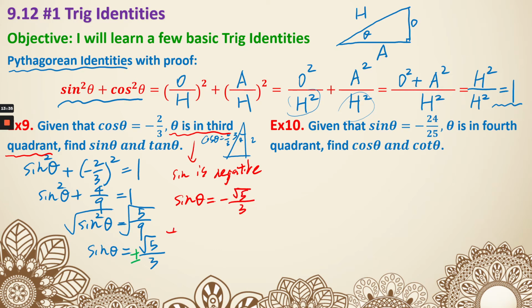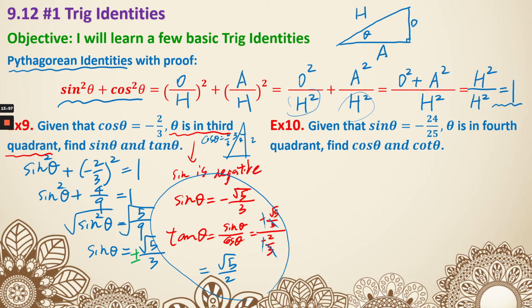As for tangent, tangent is going to be sine over cosine. So it's going to be negative square root of 5 over 3 over negative 2 over 3. Since both fractions have 3 on the bottom, I can cross them out, and the negative becomes positive. So I have square root of 5 over 2. And these are my final answers for the sine and tangent.